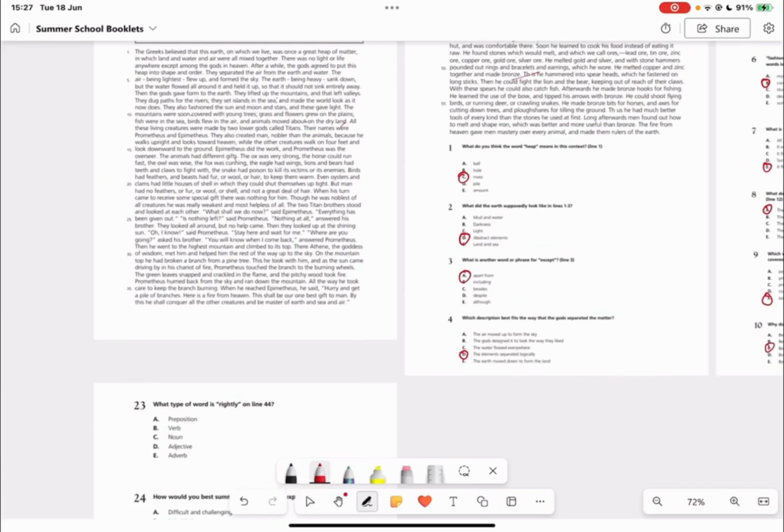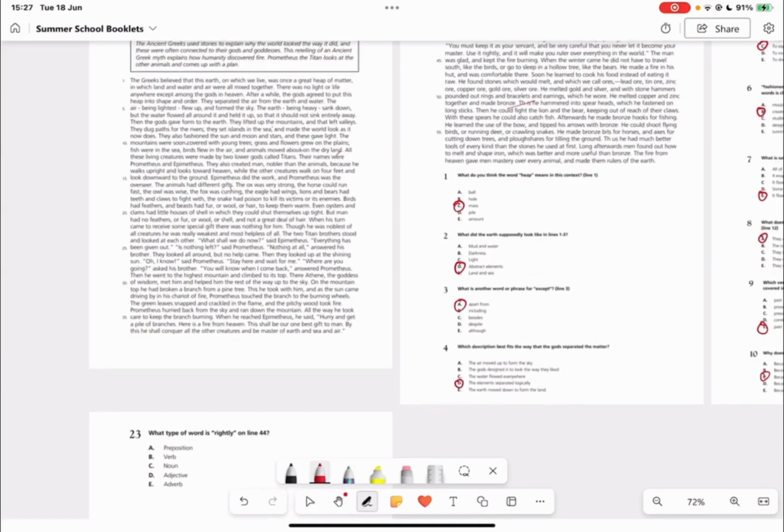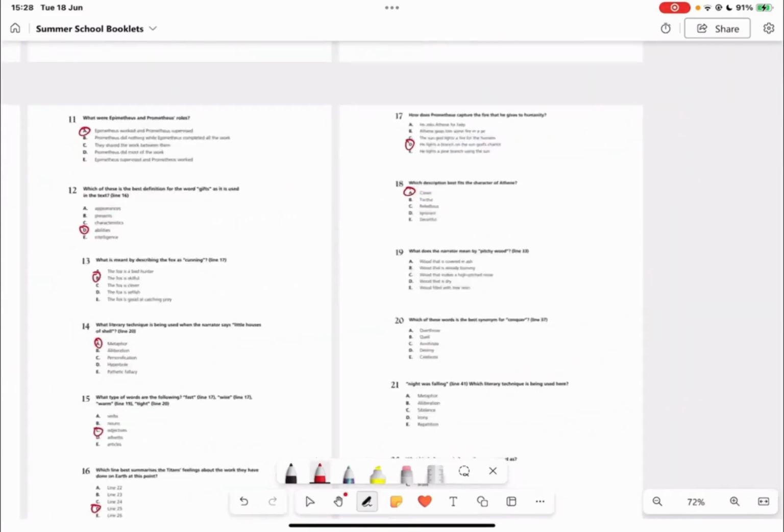Okay, so the pitchy wood to fire, so this one will be wood filled with tree resin.